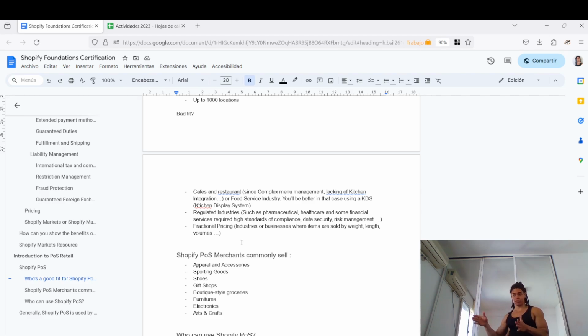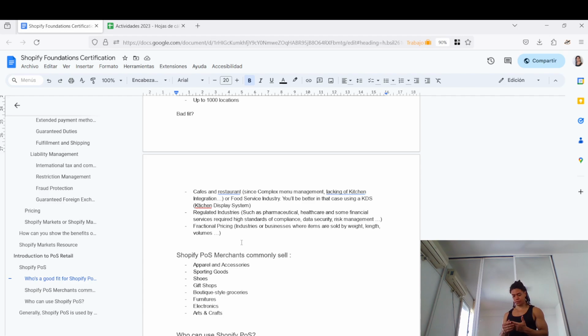For regulated industries where they need to follow strict regulations or standards of data management, risk management, and compliance, this is not good for them, for example pharmaceutical, healthcare, or some financial services, when they have strict compliance because life is at stake.